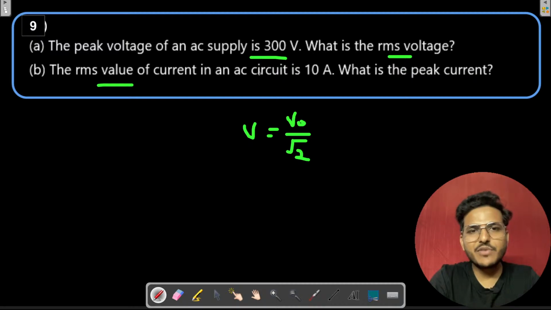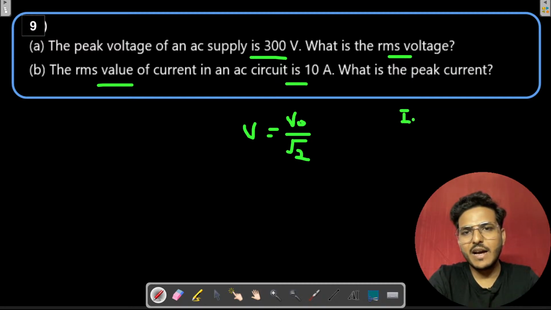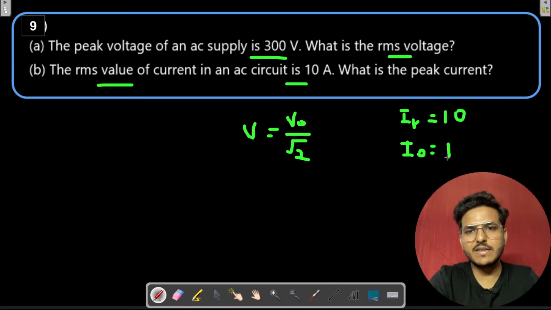Similarly, the RMS value of current in an AC circuit is 10 ampere. Here IRMS is given, that is 10 ampere. And the peak value is asked, that is I naught.